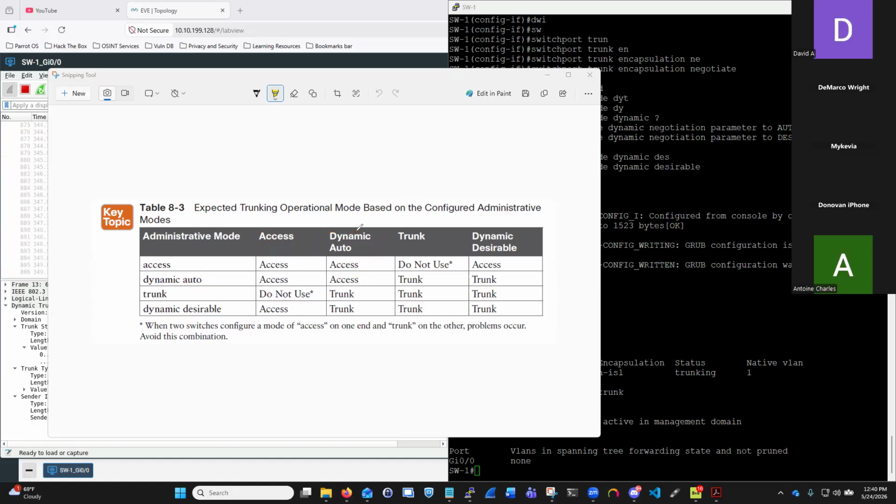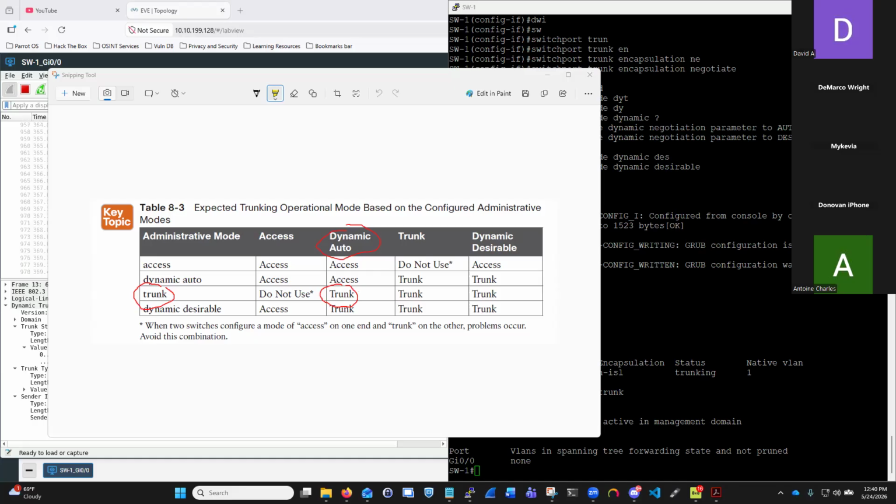But if we go to the next line, something different happens. One side is dynamic auto, and one side we statically set as a trunk. It's going to come up as a trunk. Why? Why does it come up as a trunk?